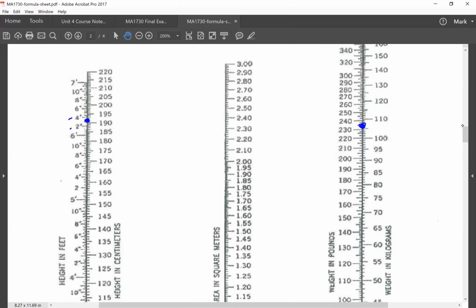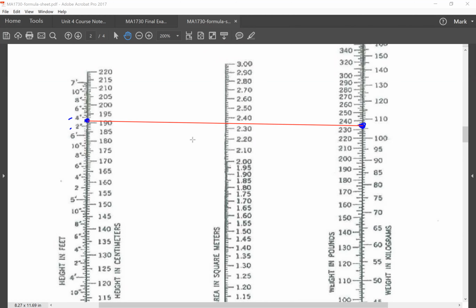So what I do now is I connect those dots with a line. Then where they cross over would be the body surface area in square meters. So where's my pen here?